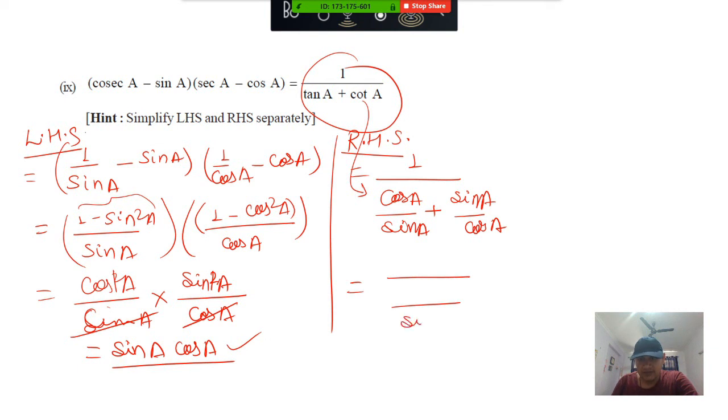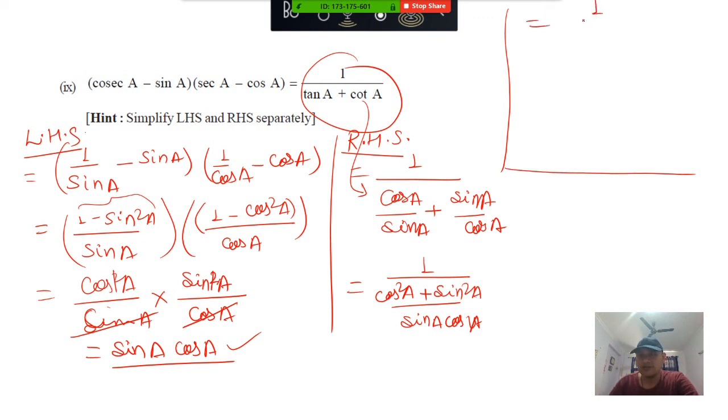So this is our sin A cos A. The numerator becomes cos square A plus sin square A. Most of the students are very intelligent and they know that sin square A plus cos square A is 1.